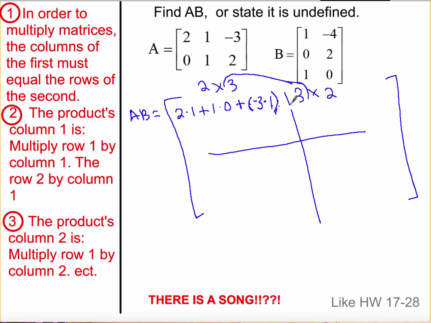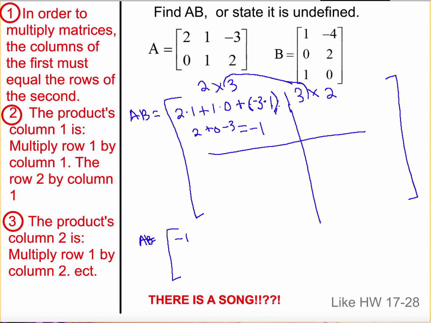There we go. All right. And we can simplify it now if you like. 2 times 1 is 2, 1 times 0 is 0, and negative 3 times 1 is negative 3. 2 plus 0 minus 3 is negative 1. So my resultant matrix, AB, is going to have negative 1 as the first element in the matrix.